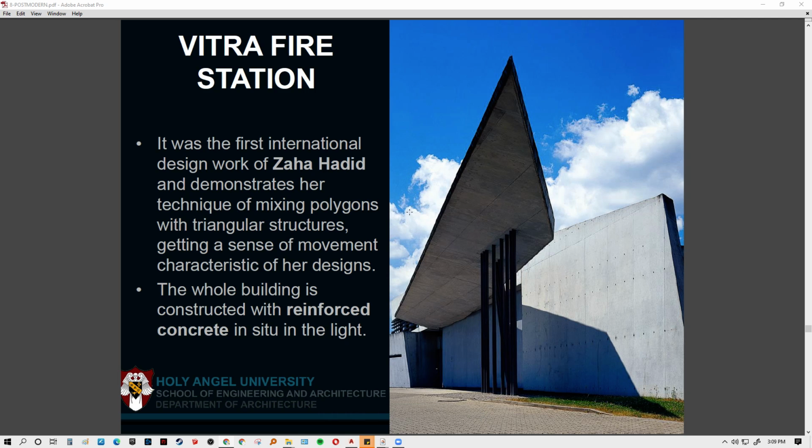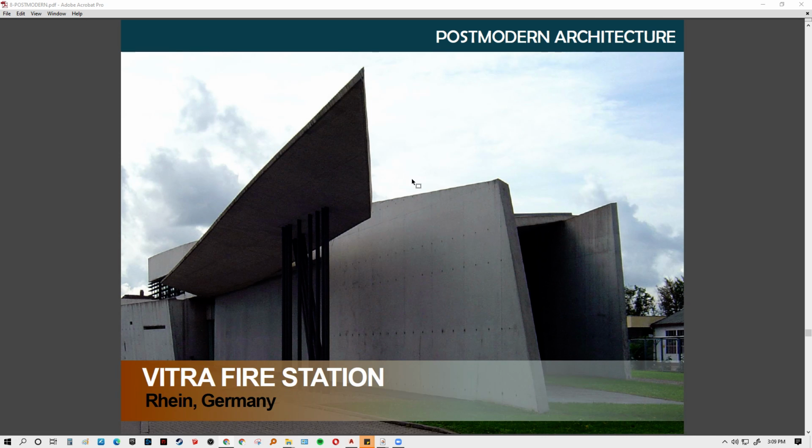With her designs, she always gives a sense of movement in order to characterize space, or that's her characteristic for her design, I mean. So a mix of polygons with triangular shed.